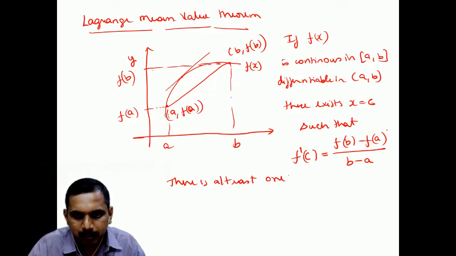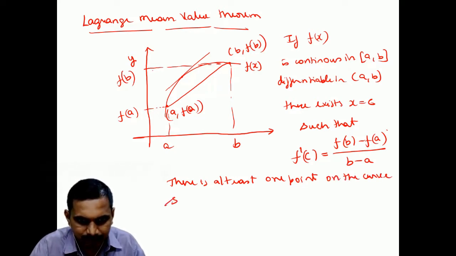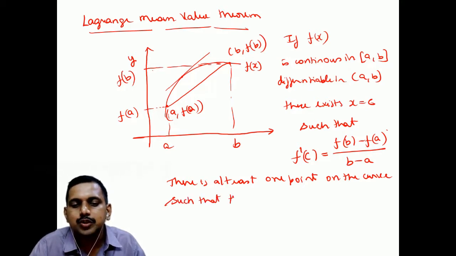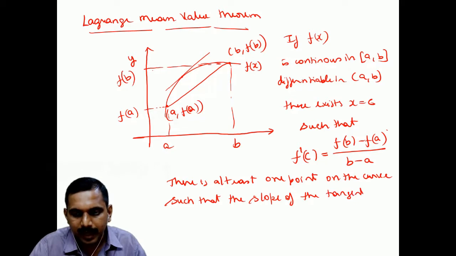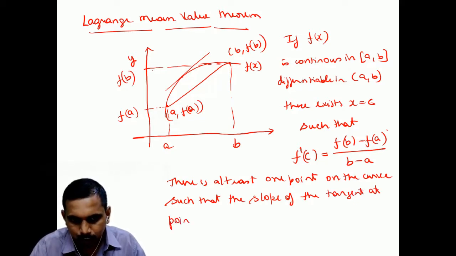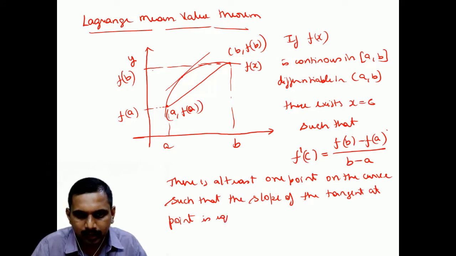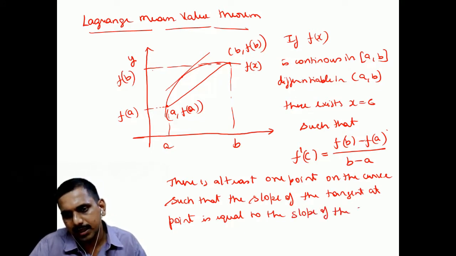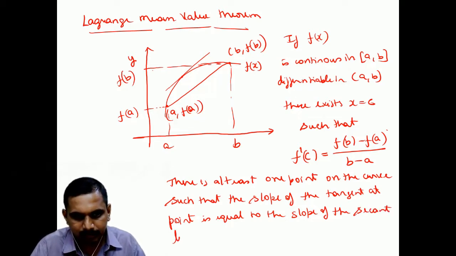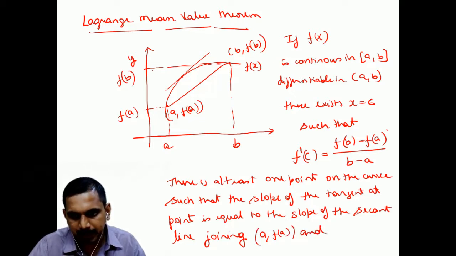The geometrical meaning: there is at least one point on the curve such that the slope of the tangent at that point is equal to the slope of the secant line joining a comma f of a and b comma f of b.